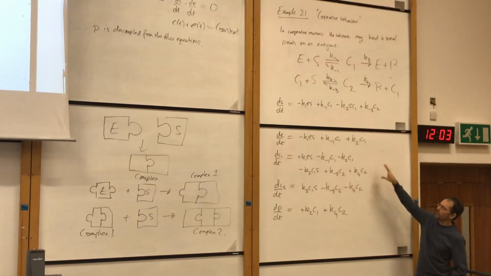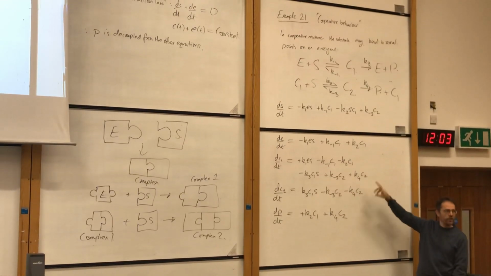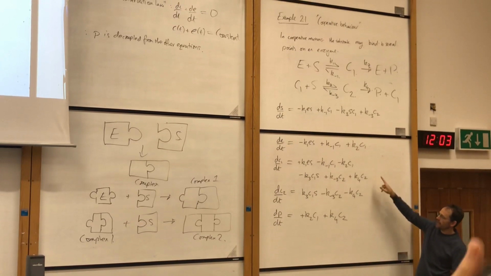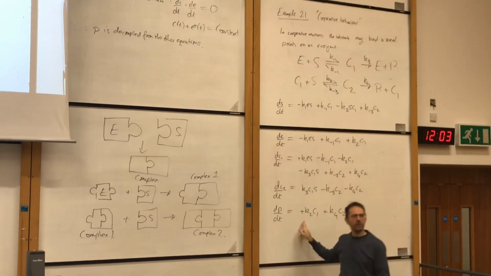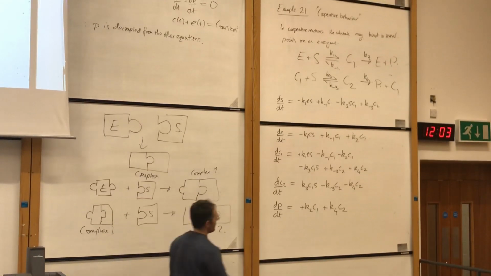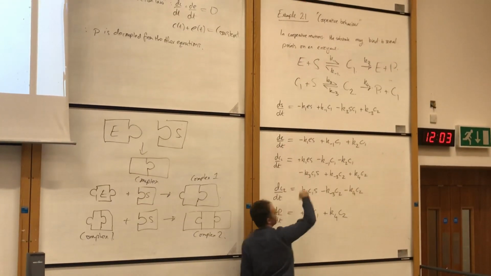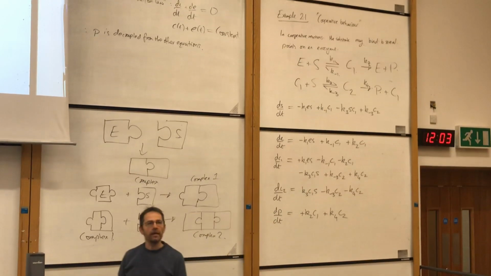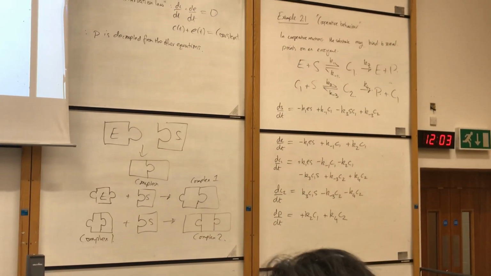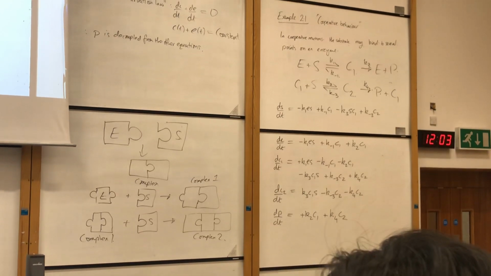So have a look at these equations and see if you can find a conservation law in this case. We can also note that the equation for P is still decoupled from the other ones. P depends on C1 and C2, but none of the other equations depend on P. So it's possible to reduce the complexity of this model through those considerations.